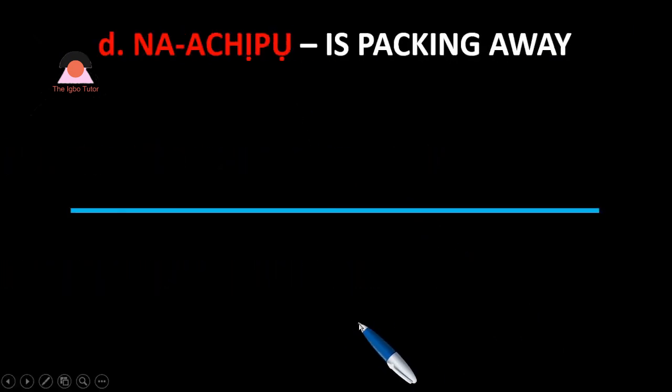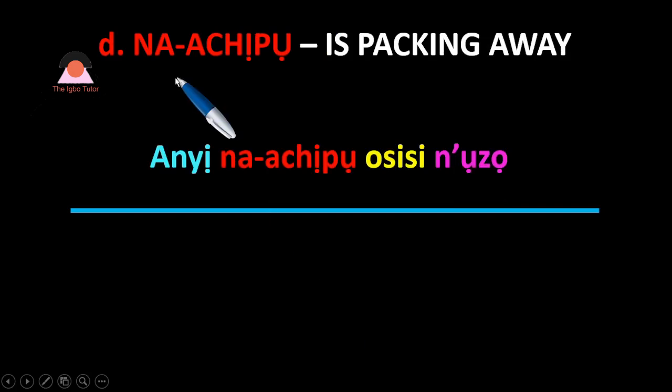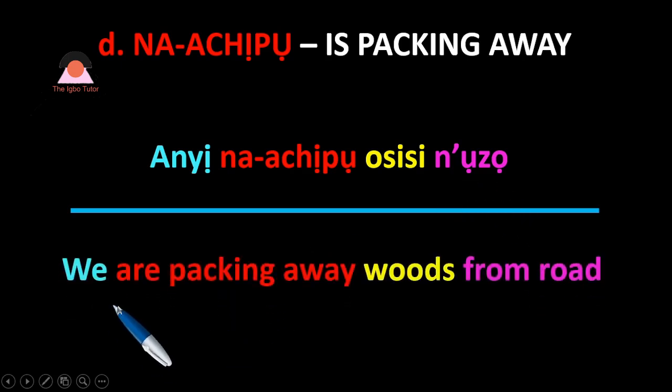Okay, let's move on. The next one is na Chipo, present continuous, is packing away. Sentence example: Anyị na-achịpụ osisi n'ụzọ. This means we are packing away wood from the road.